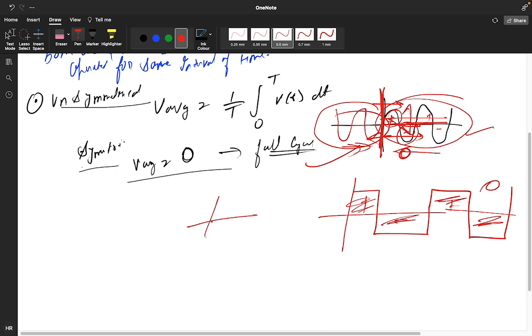If you have a triangular pulse like this, positive, negative, it will give you 0. This part is clear, guys?